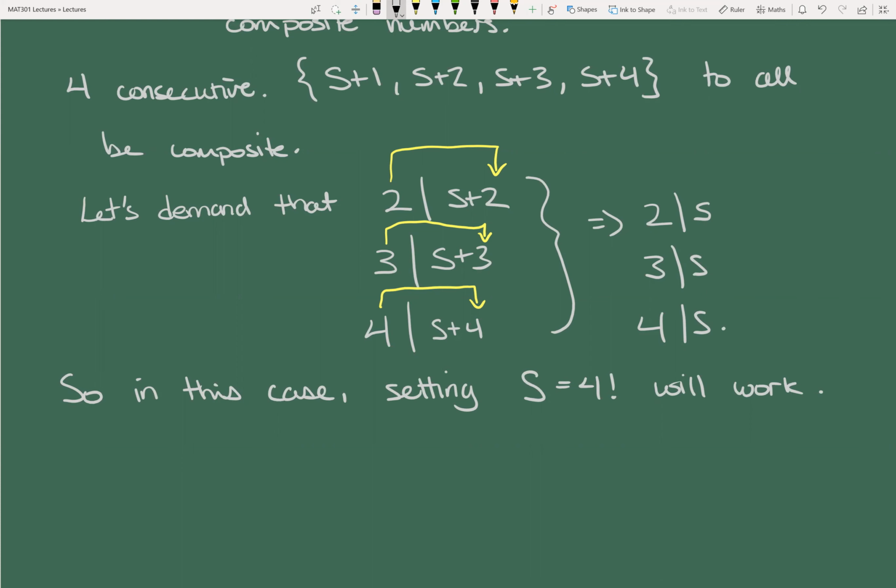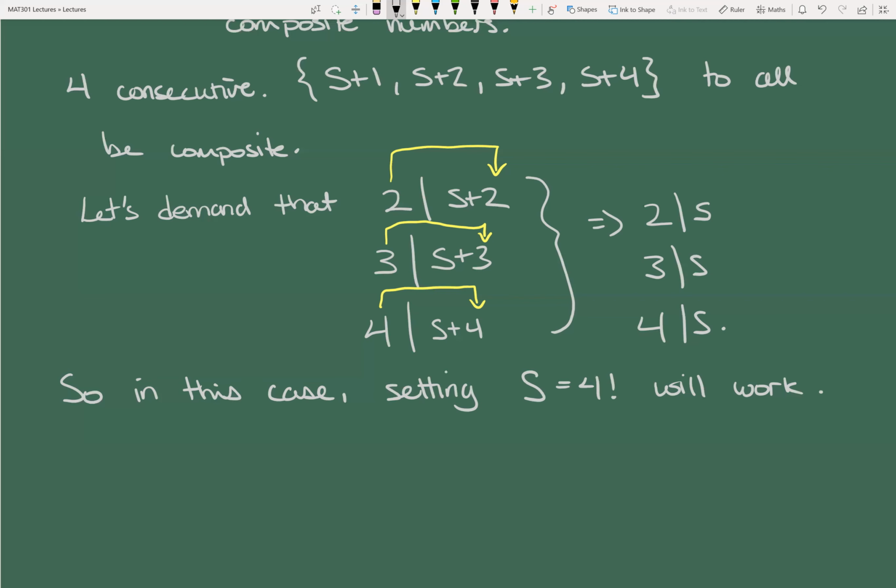So the idea here is that when I want to guarantee that there are n consecutive integers that are composite, what I just need to make sure is that the number I'm starting at, that number s, is divisible by 1, 2, 3, 4, all the way up to n.